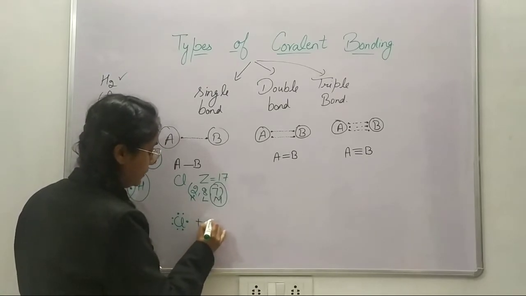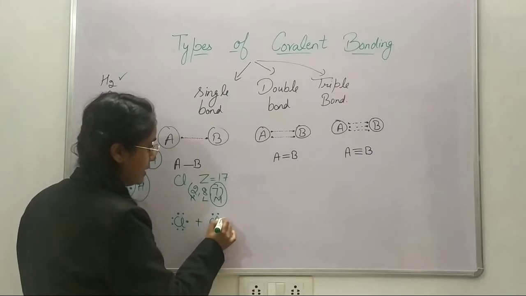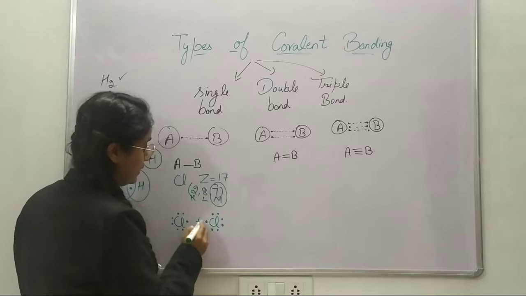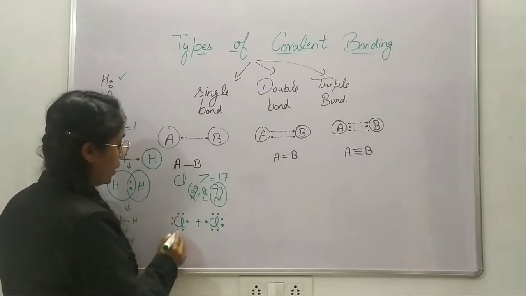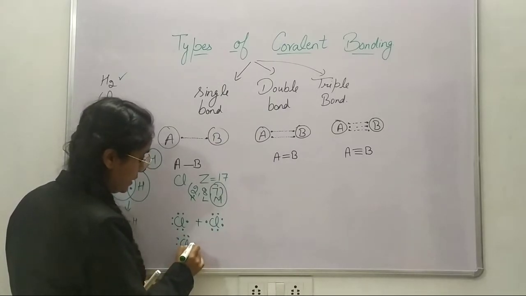So I am taking another chlorine atom that has 7 electrons in its outermost shell, and these electrons would form a bond with each other, as you can see here. Now the bond will be formed as this.